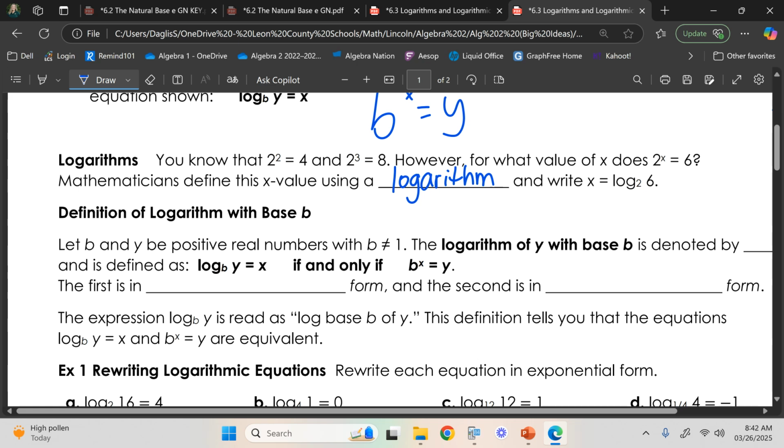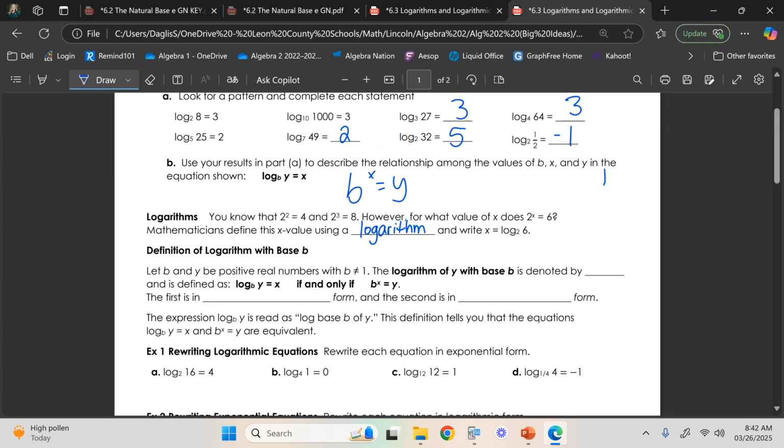It's going to be 2 point something, in between the exponents 2 and 3, but we're not sure where. So they do get rewritten back and forth. The logarithm of y with the base of b, we write as log little b of big Y. Make sure your b is tiny.